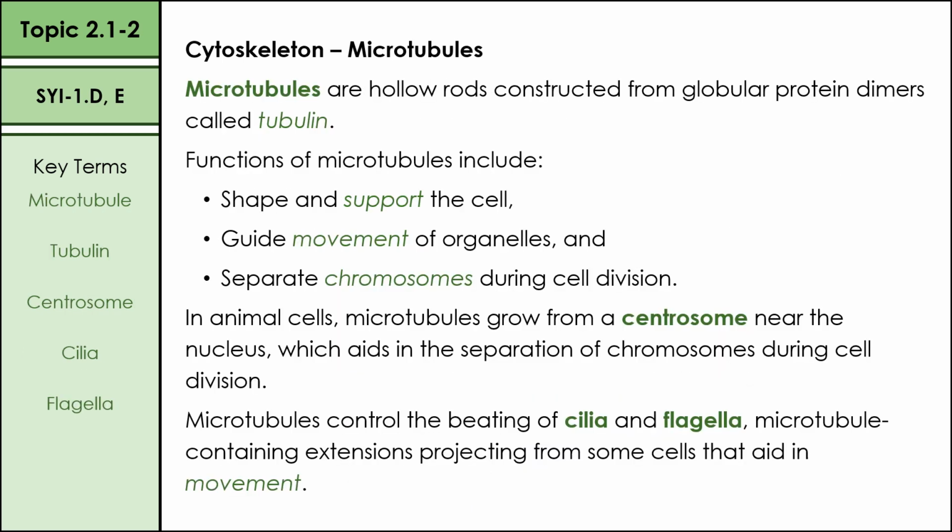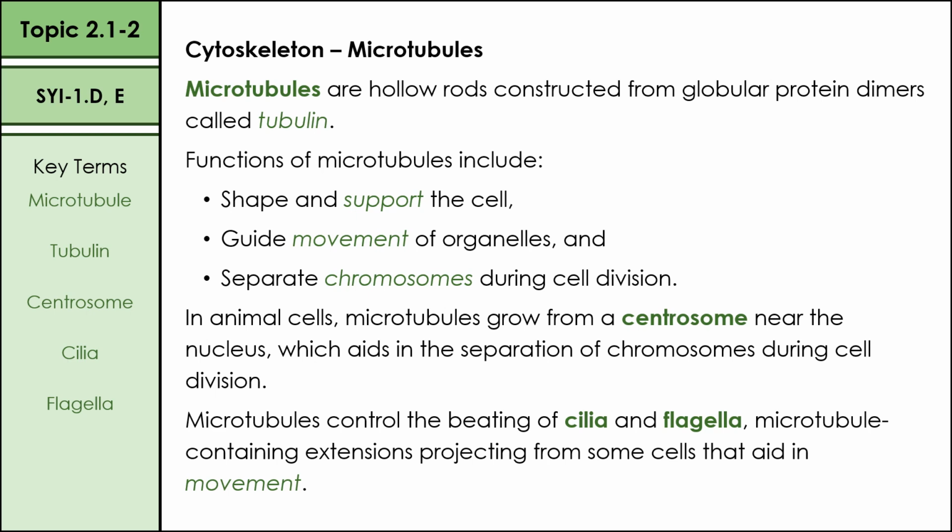So looking a little bit more closely at microtubules, microtubules are made of tubulin, which is where we get that tubules part, so microtubules and tubulin. They are functioning to shape and support our cell, guide the movement of our organelles, but they also come up during cell division in order to separate our chromosomes.